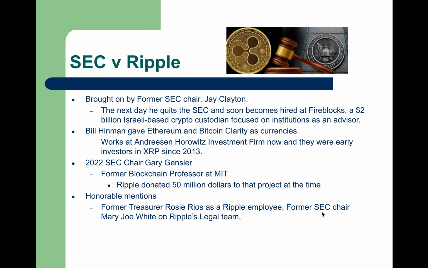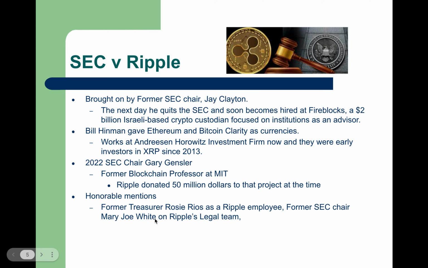I was going to mention Rosie Rios. She's a Ripple employee. Her name is on the money. If you look at a $100 bill, most likely you'll see her name in some of this currency because it's on $1.6 trillion, and she works at Ripple now. Then you got former SEC chair Mary Jo White.